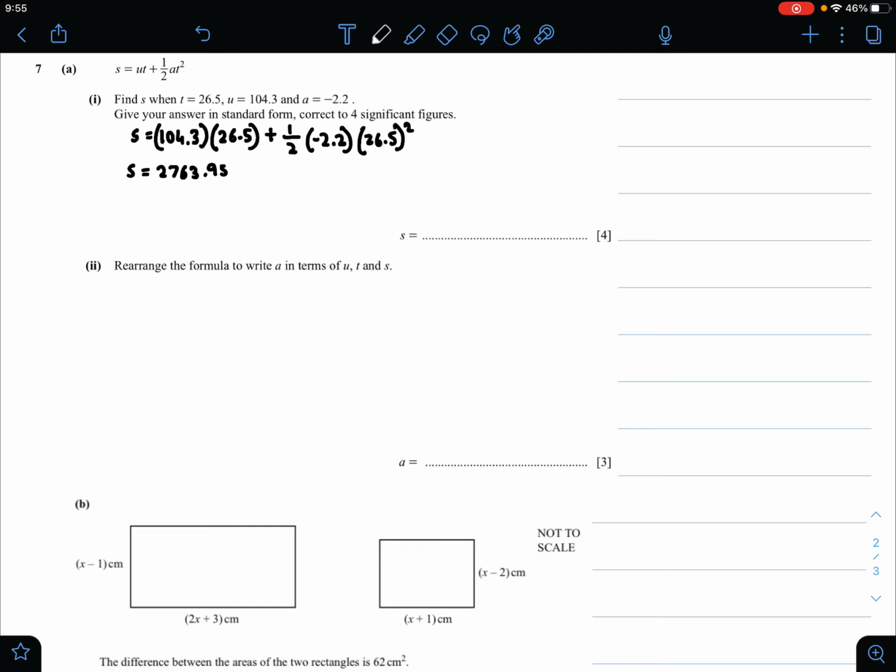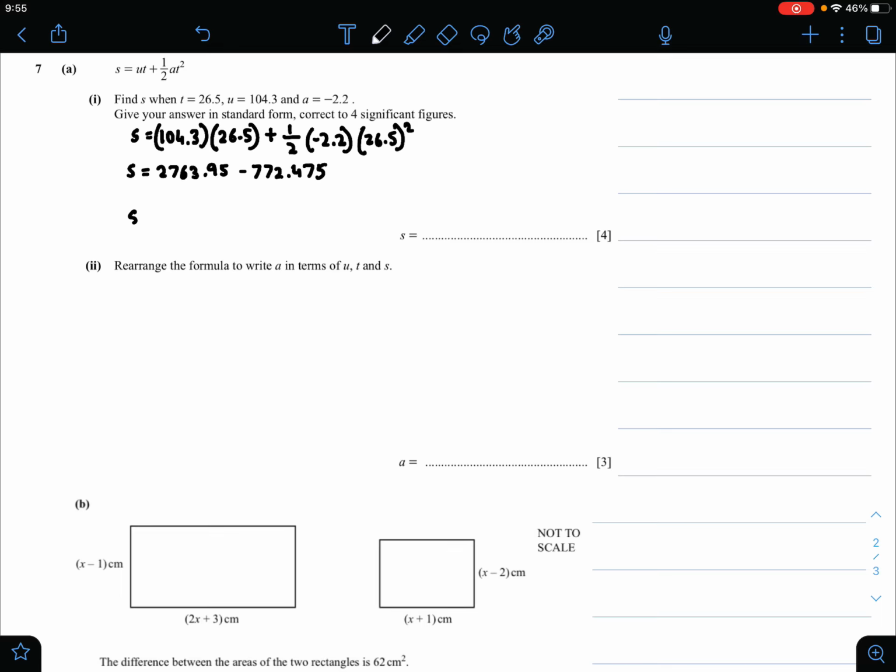So 104.3 multiplied by 26.5 is equal to 2763.95, plus negative 2.2 multiplied by 26.5 square divided by 2 is equal to negative 772.475.